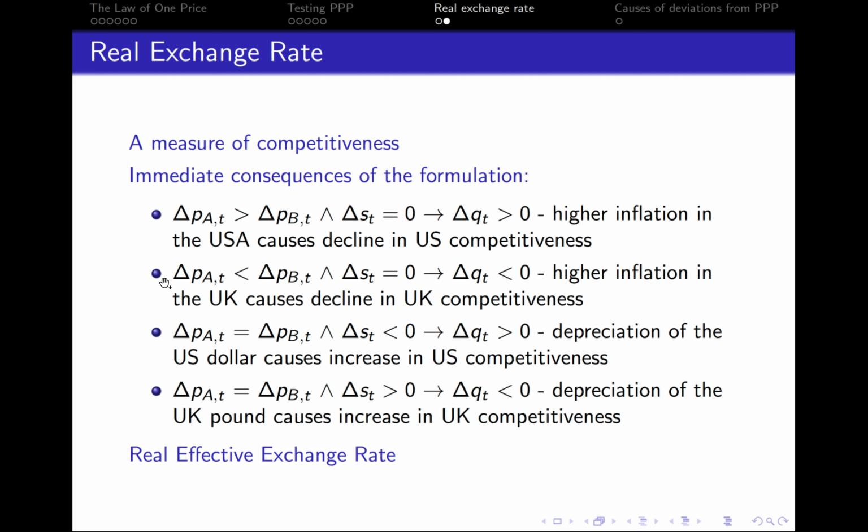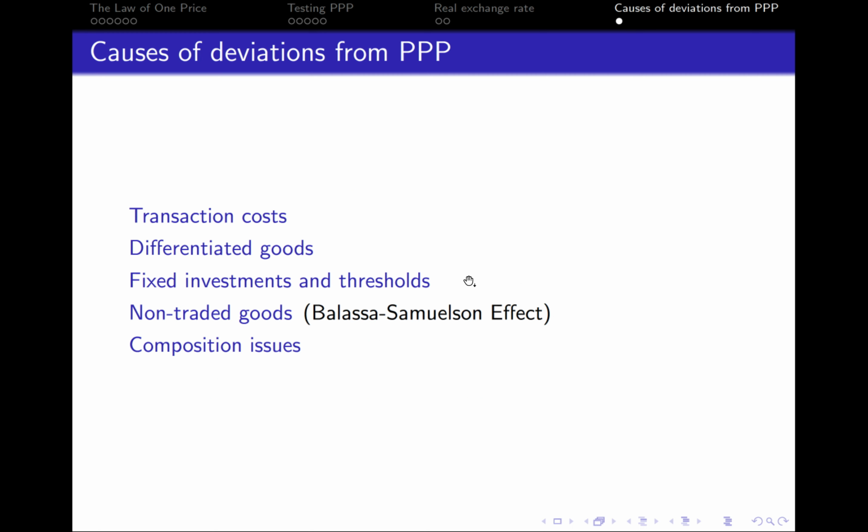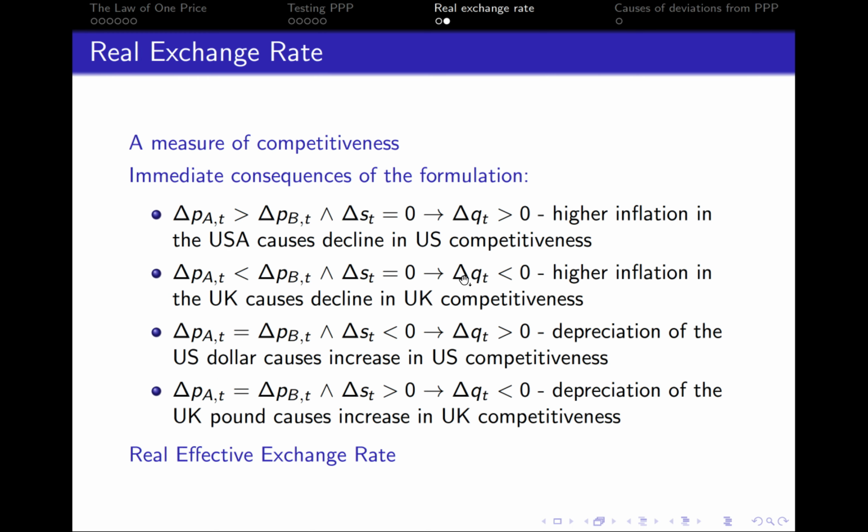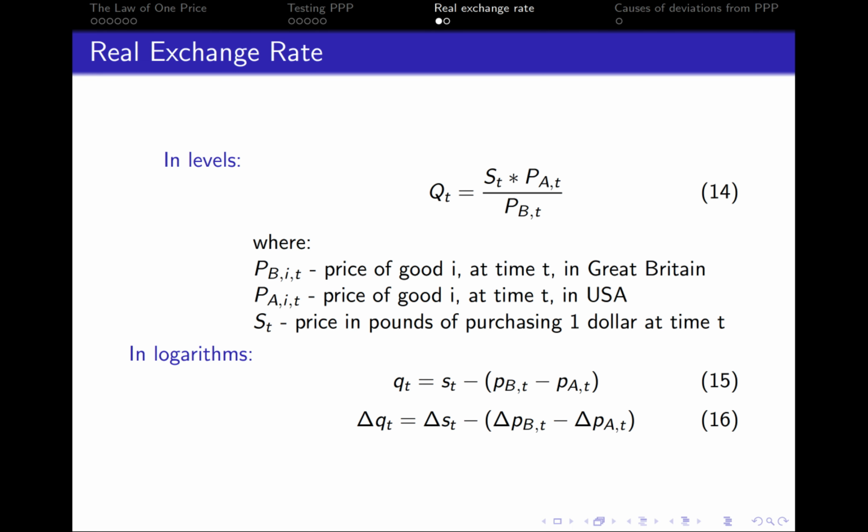And it works in the opposite direction. If inflation is lower in the United States than in Britain, while the nominal exchange rate stays the same, then the real exchange rate of Great Britain falls. So higher inflation in the UK causes a decline in the UK's competitiveness. Now, let's consider a situation when inflation rates in both countries are exactly the same. Let's go back for a second to the formulation.